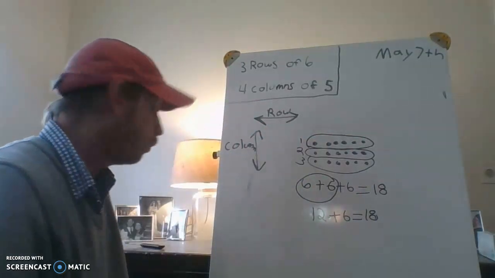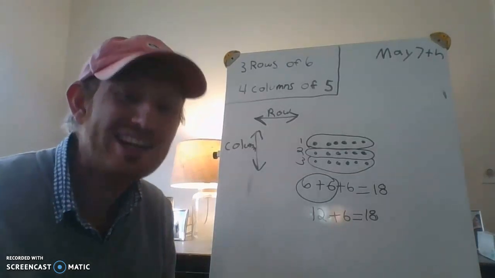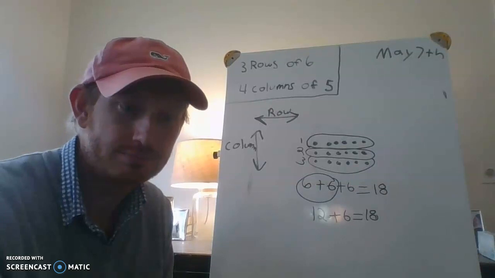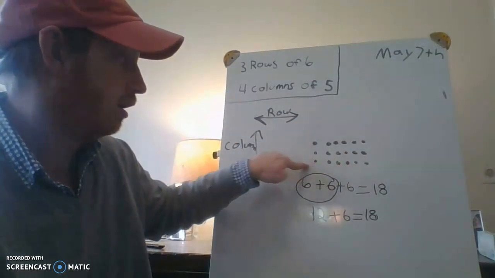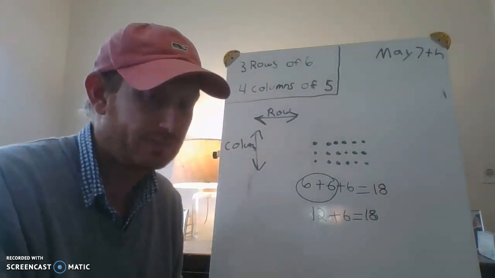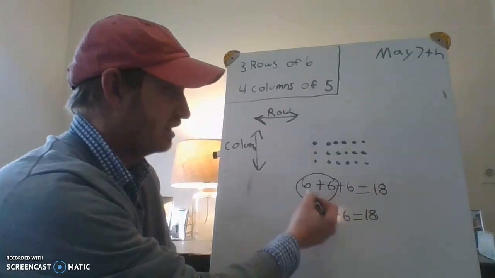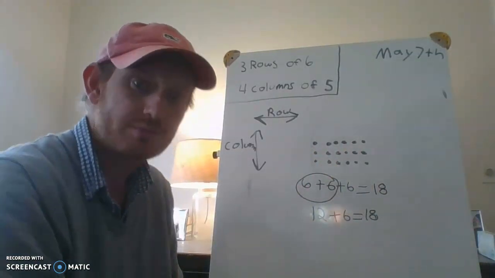So now we're going to use the same array to make a different repeated addition problem. We found what it is using rows. Now we're going to use the columns.